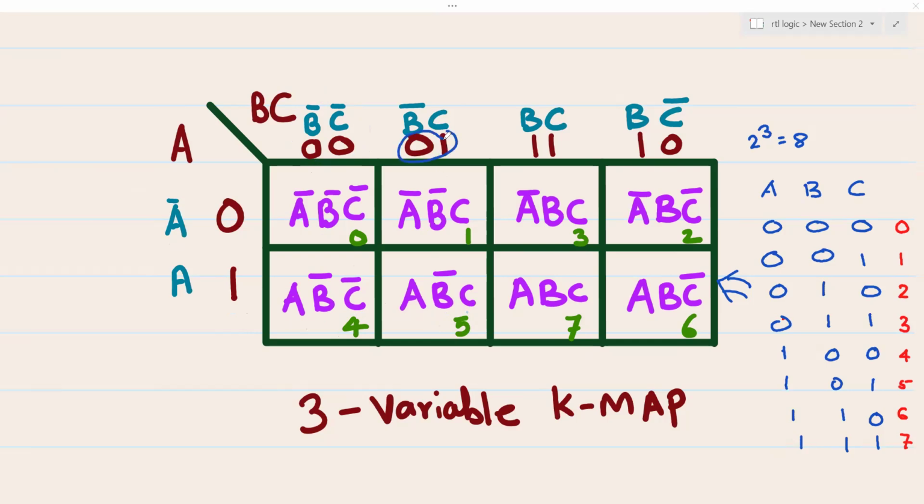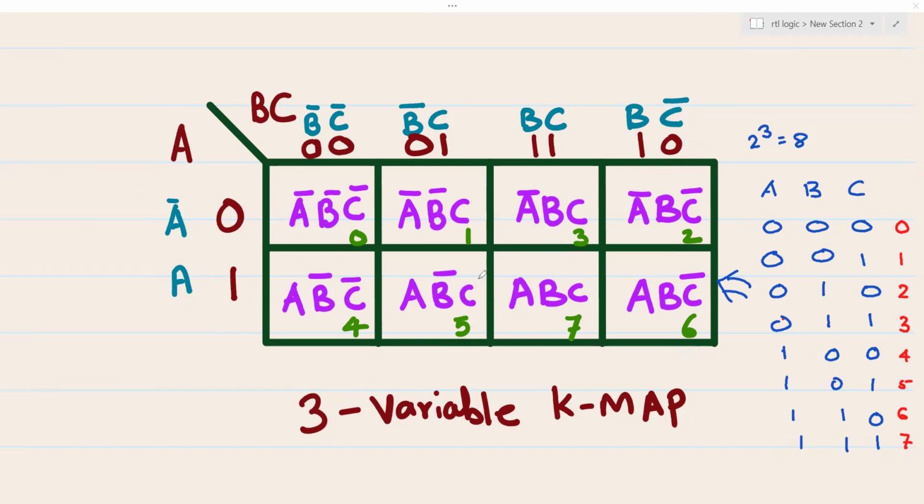Therefore, we'll write A, B bar, C. For number 6, you can always also refer to the truth table. Similarly, for number 6, you have combination 1, 1, 0. So it means A is 1, B is 1, C is 0. That's why you have C bar here. That's why A, B, C bar.